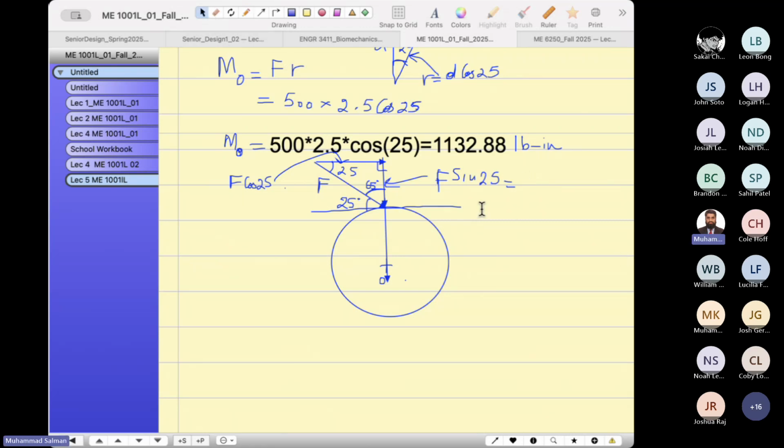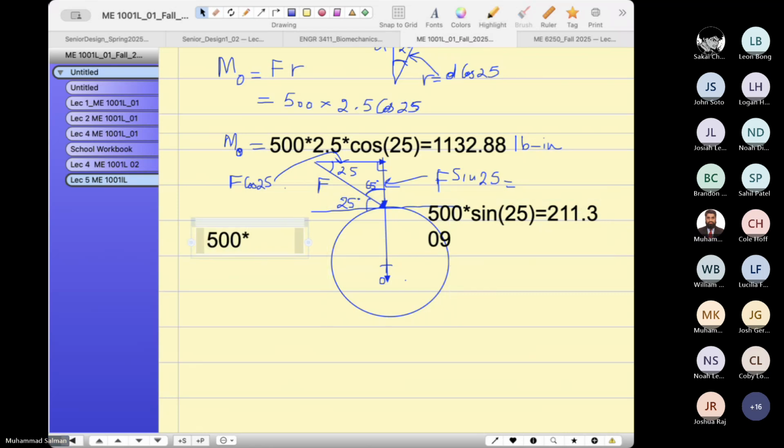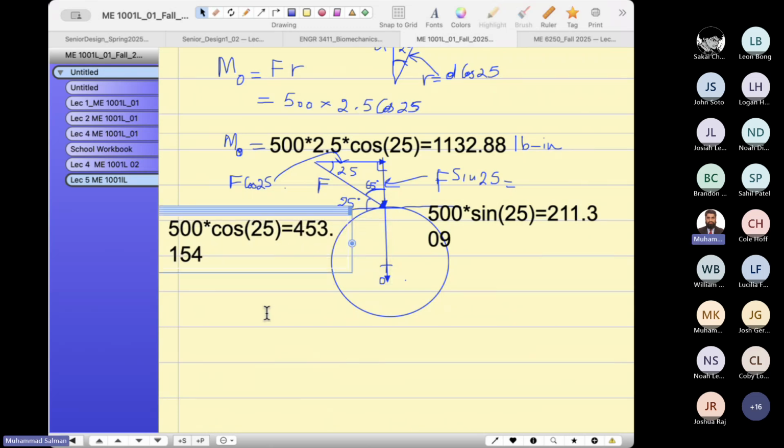I'm getting 500 times sine 25, 121.3 pounds. And how about this one? 500 times cosine 25, 453. Okay, now we have found the values of these forces.